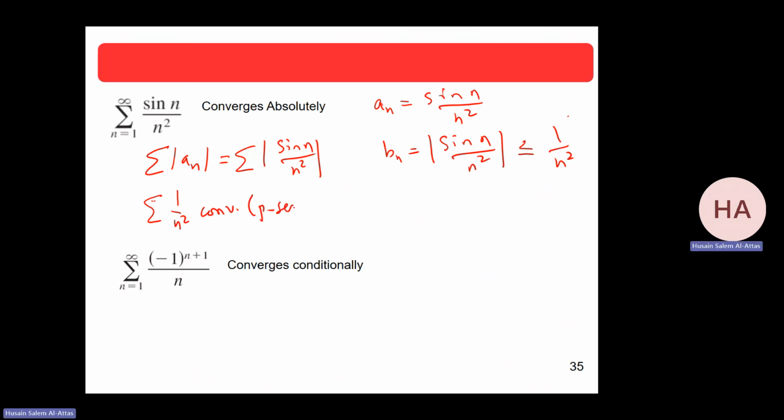Why? It is a p-series. So b_n, which is the absolute value of a_n, converges by the comparison test.